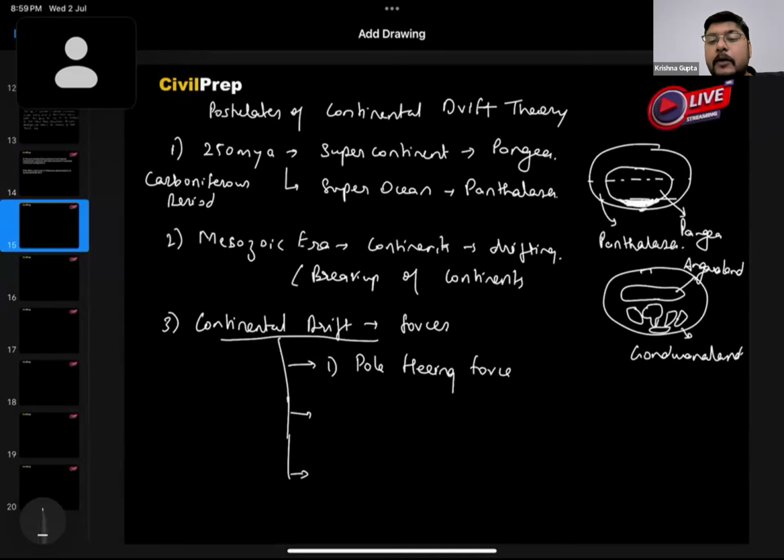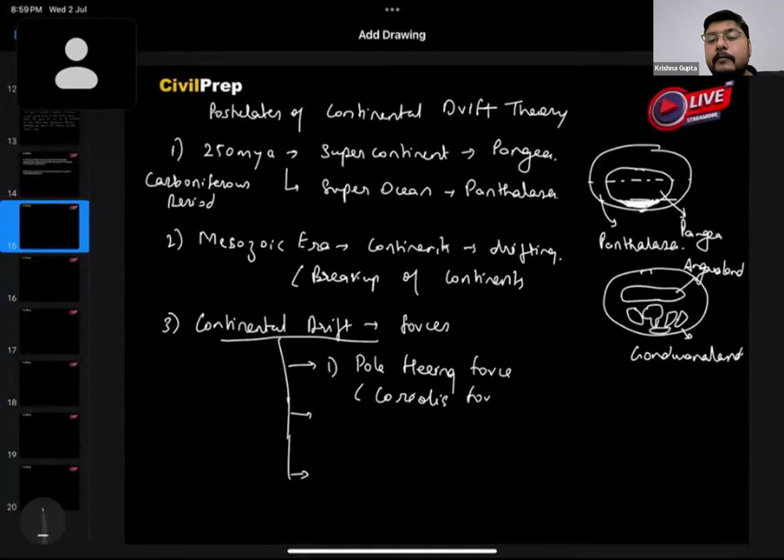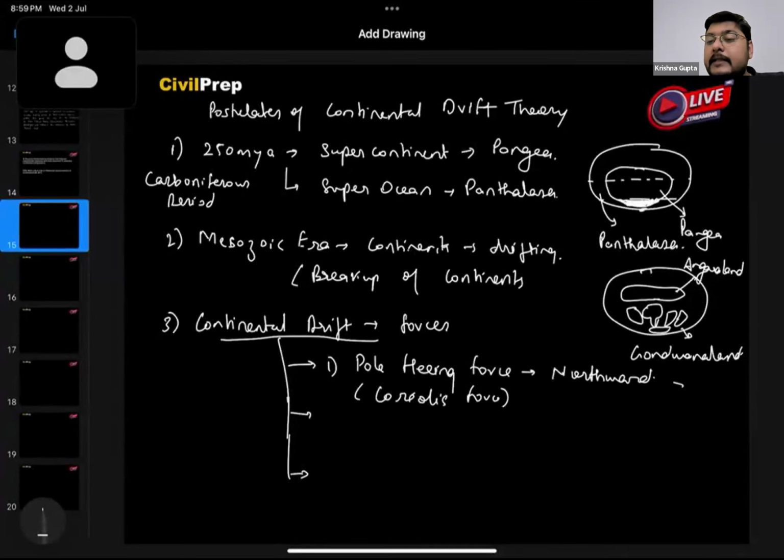The pole fling force occurred because of the rotation of the Earth, that was the Coriolis force. Because of the pole fling force, the continents moved northward. Here we can see continents like Africa and India had a northward movement.